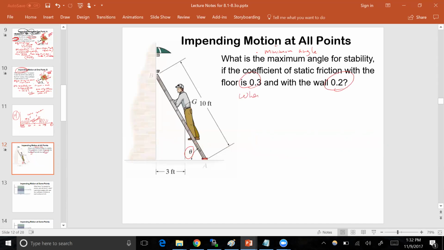So when the ladder moves, it slips at two surfaces. It slips at A and B. And at the limit, the friction force at A is going to equal its maximum value, which is going to be what?